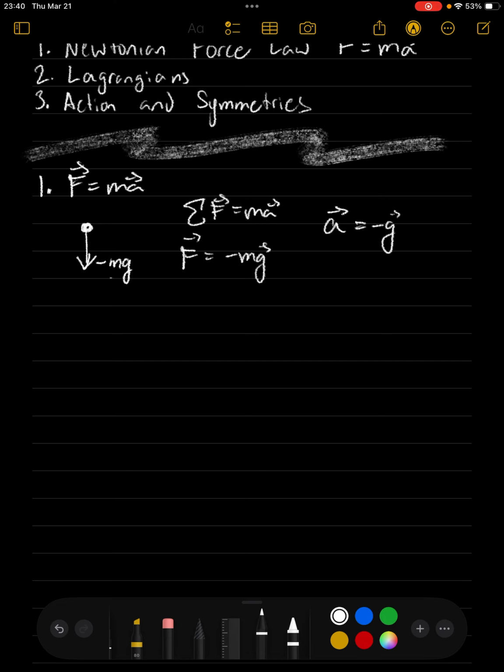Right here, which means that x double prime is equal to the acceleration, which is equal to negative g.